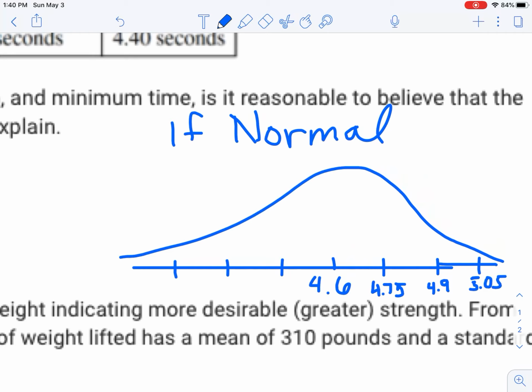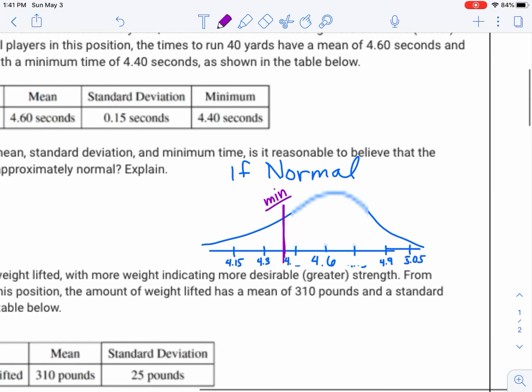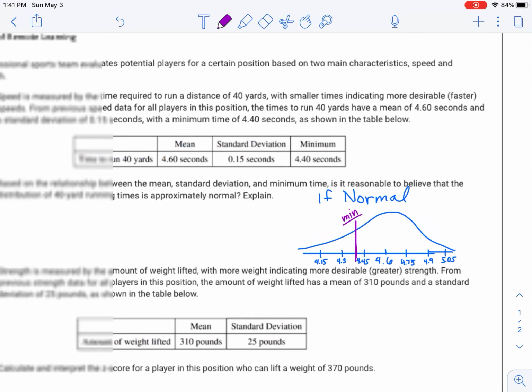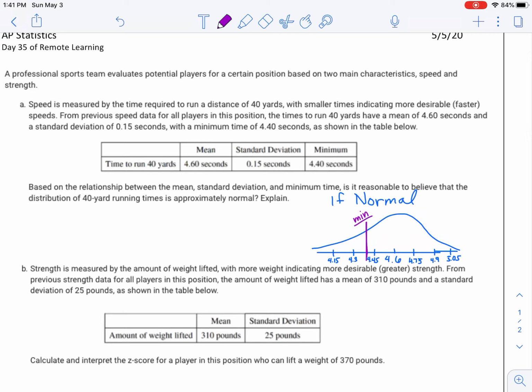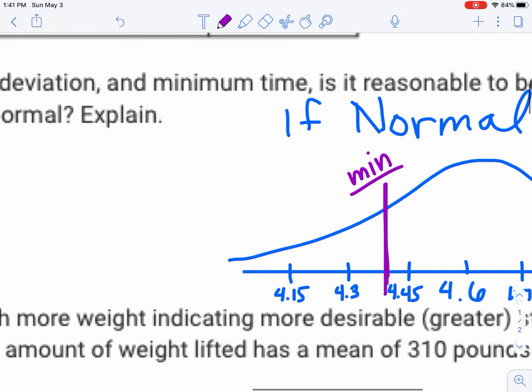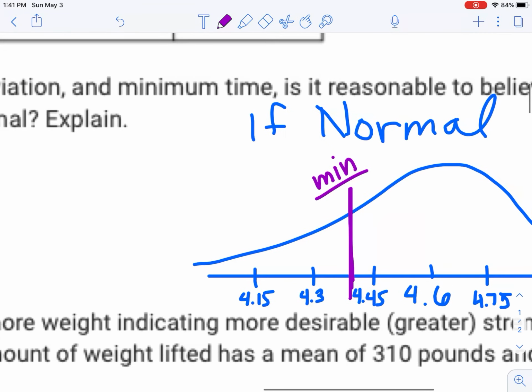if the minimum score was 4.4, this doesn't make any sense, right? There should be values below that 4.4.